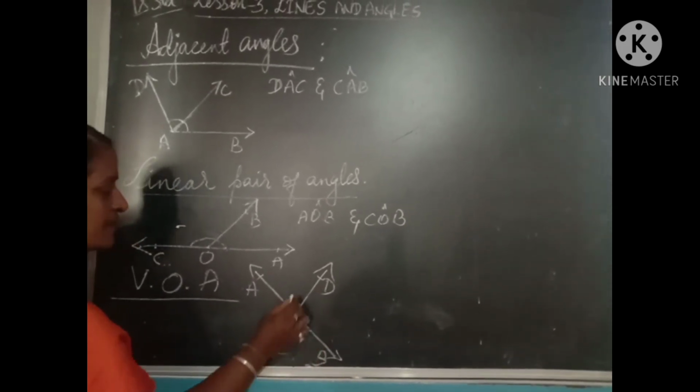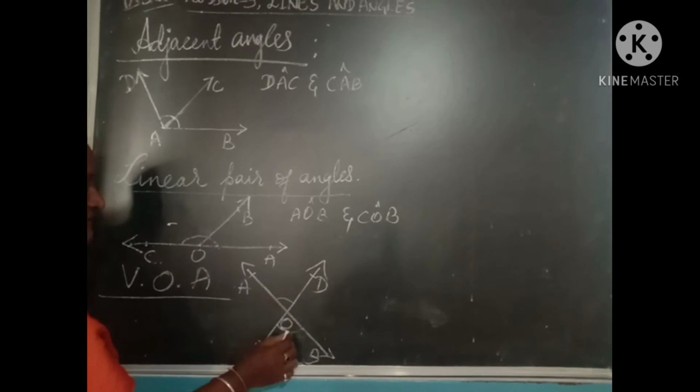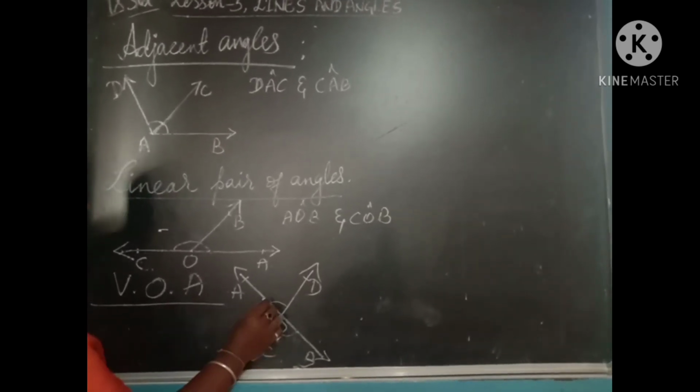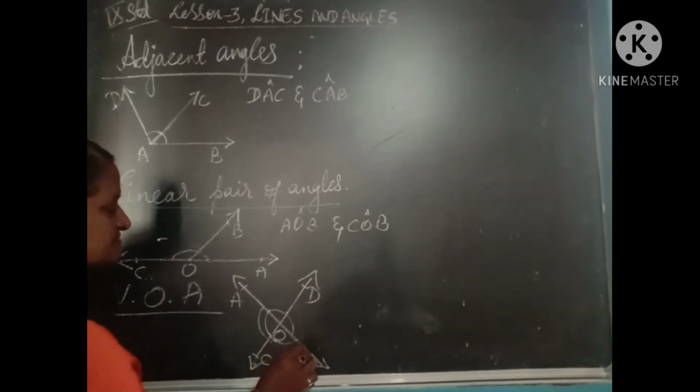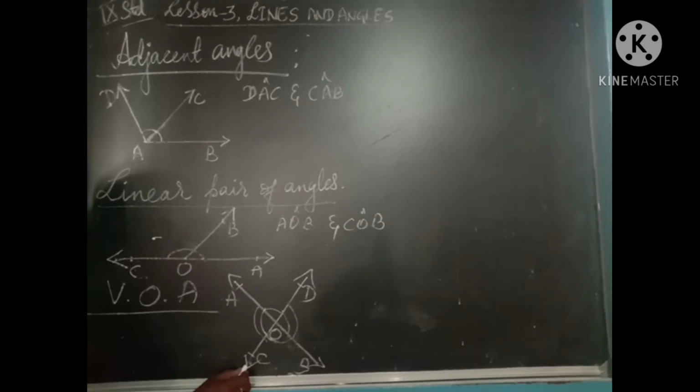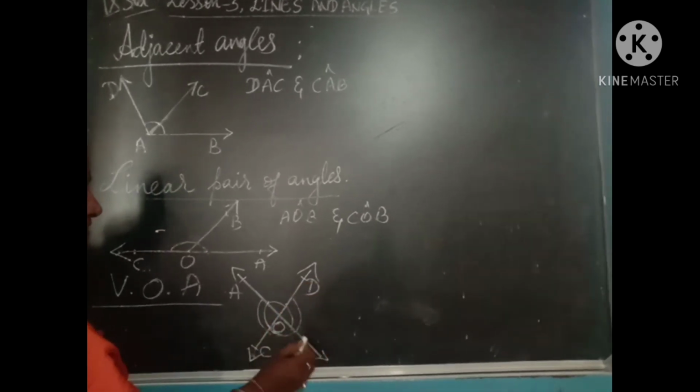Here we have two pairs of vertically opposite angles. Which are the two pairs of vertically opposite angles? You can observe here, AOC and BOD.